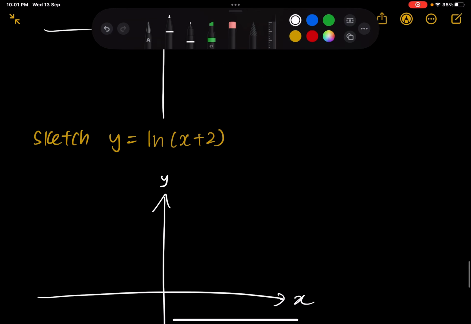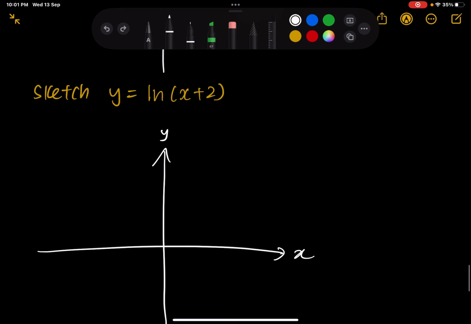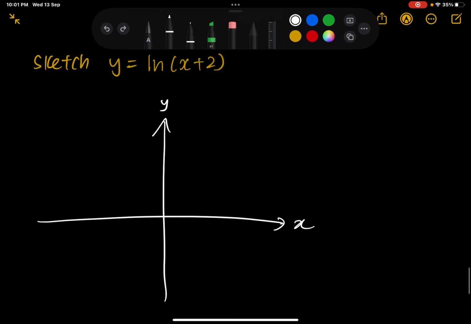Next one. So you've got the log graph, right? For the log graph, you know that it's rocket shape. I want to know where it cuts the x-axis. To find x, sub y equals 0, so ln(x plus 2) is 0.